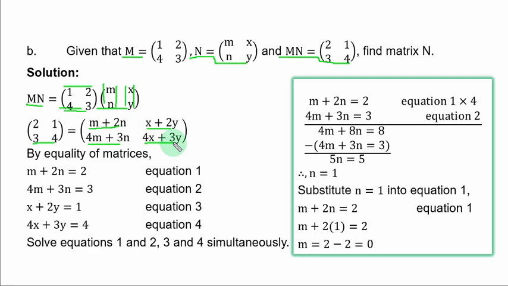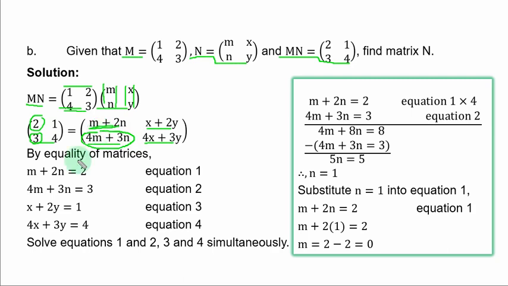By equality of matrices, the first entry here is equal to the first entry here. That is m plus 2n equal to 2. You call that equation 1. Also, we have the second entry in the first column is equal to the second entry in the first column on the other side.